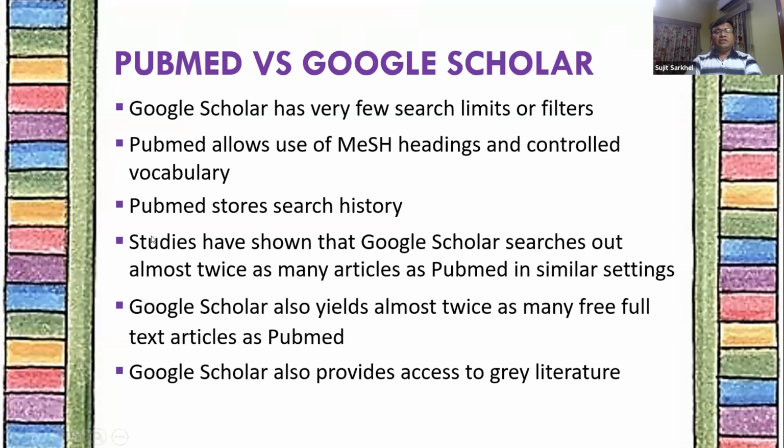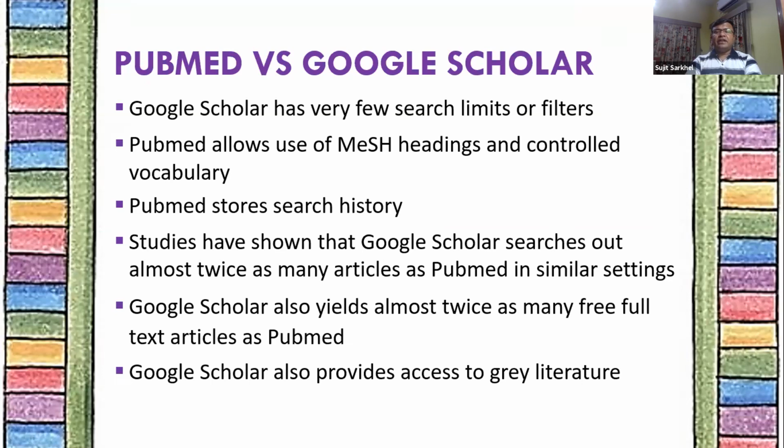You always think that PubMed is superior to Google Scholar, but no. With similar search words, it actually gives you a greater yield. It also gives you almost twice the number of free full text articles in comparison to PubMed. So Google Scholar is not all that bad.